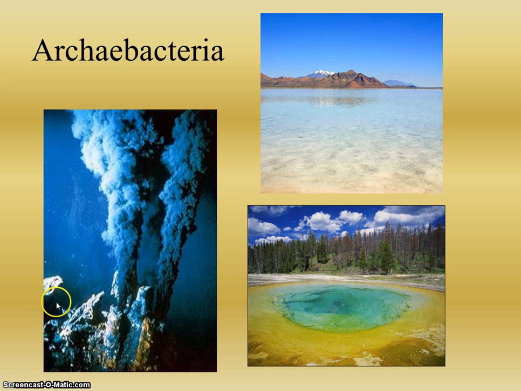All right, so this picture here is a picture of a hydrothermal vent down underneath the ocean, pretty deep underneath the ocean, but located near volcanic activity. And what you have occurring at these hydrothermal vents is that there are gases highly toxic or high in temperature.